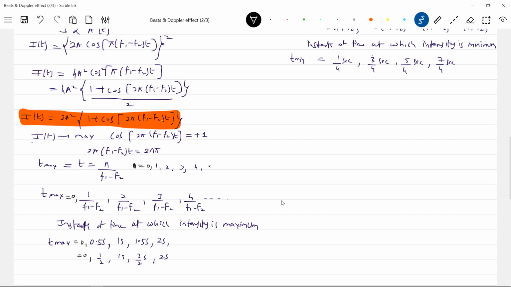How to plot this particular graph? Already we know the cos function. Already we have information of cos function. Let's start.